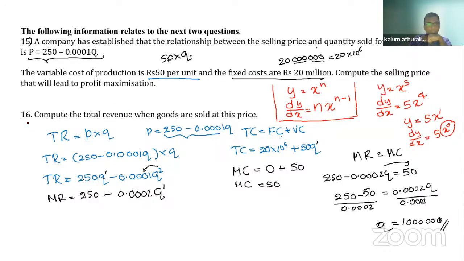Right, next, the 16th one is: compare the total revenue when the goods are sold at this price. Now we want to find the selling price when the profit is maximum. The quantity is 1 million.